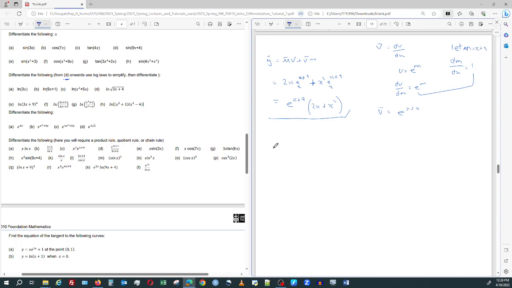So D is a little bit tricky because it is itself a quotient.